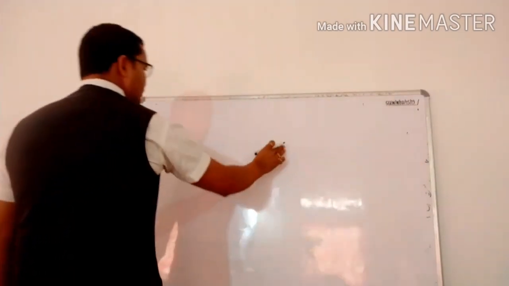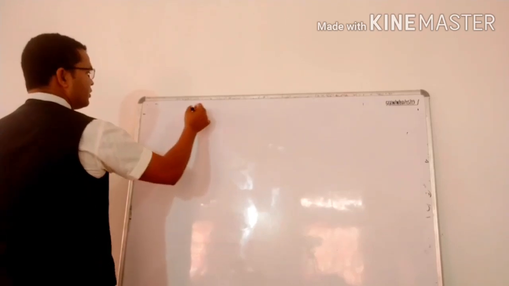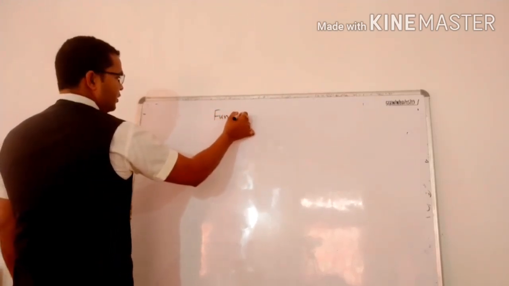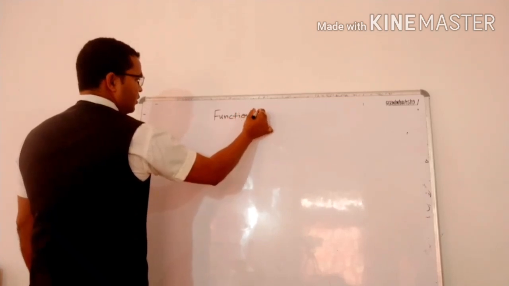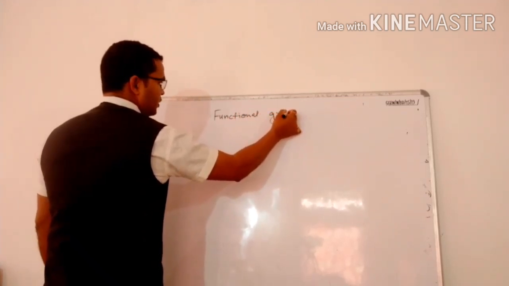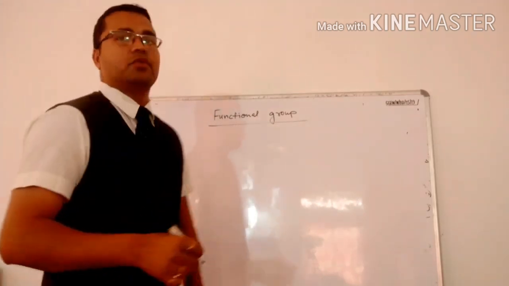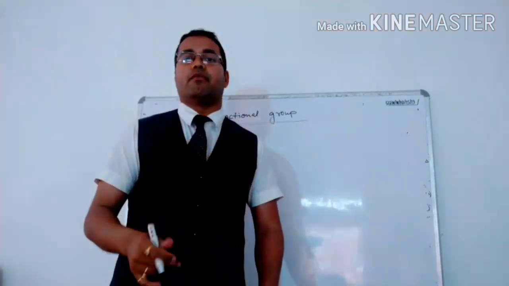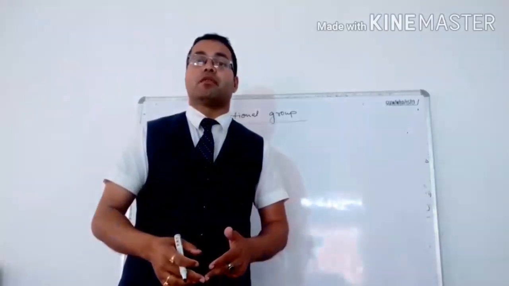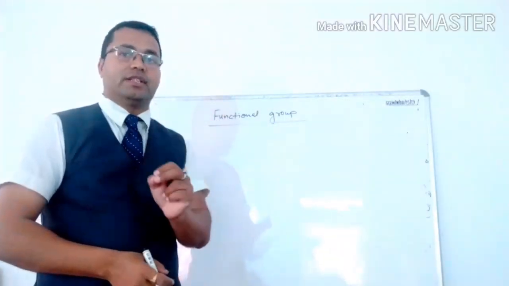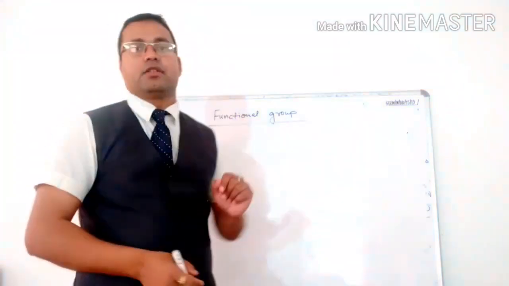Now we have to know about functional group. Already I told you that due to the catenation property, carbon can form a large number of compounds, a large number of series. So the properties of each series depend on the functional group.